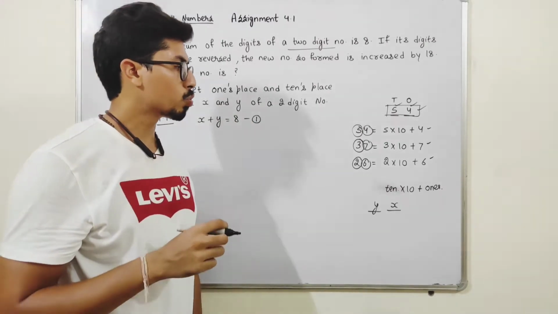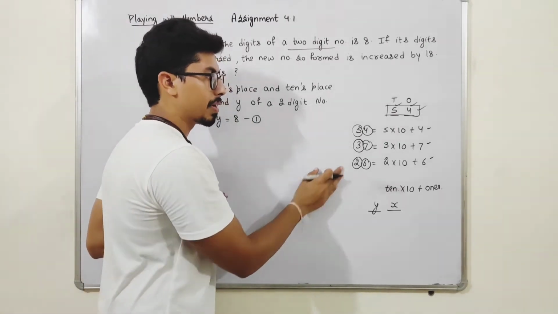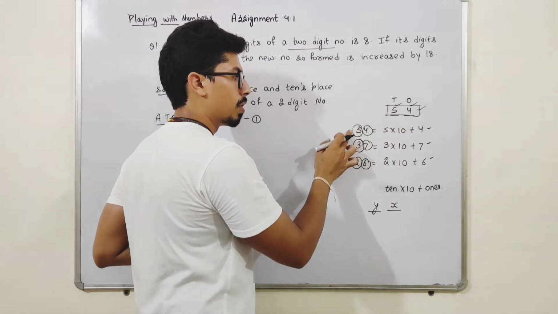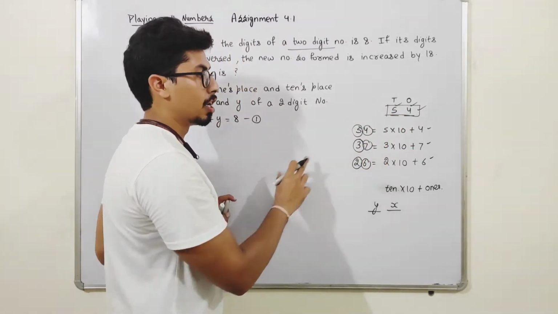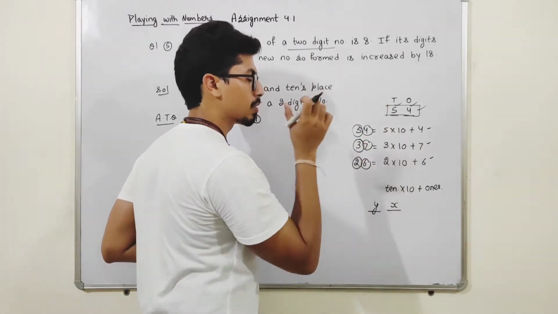Now students, using this concept, see, 5 is the tens place number and 4 is the ones place number. So it can be written as 5 into 10 plus 4.